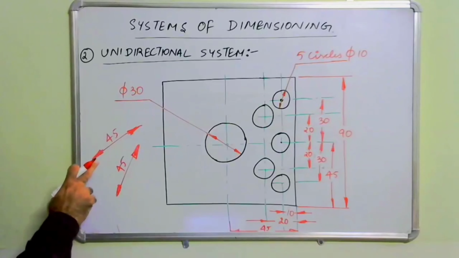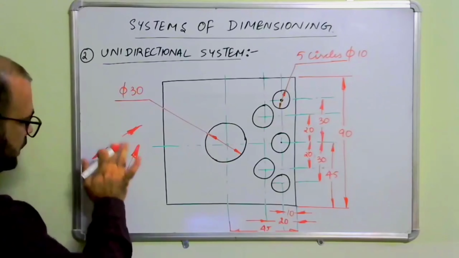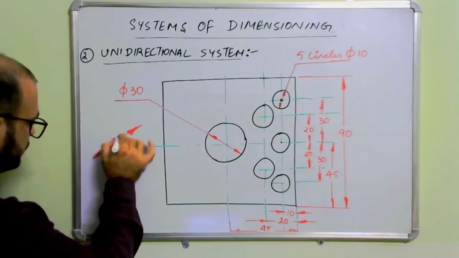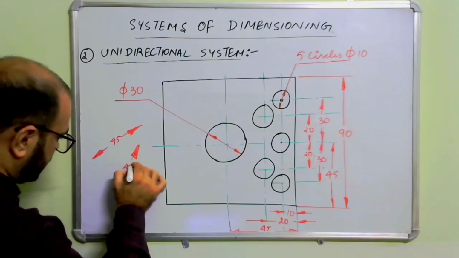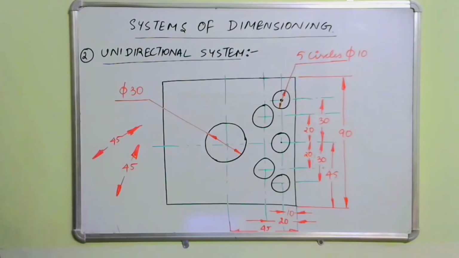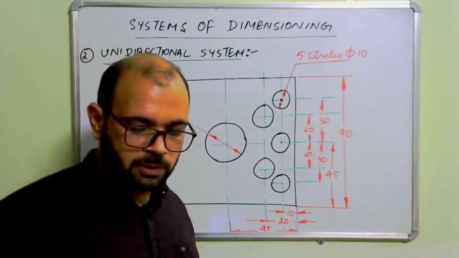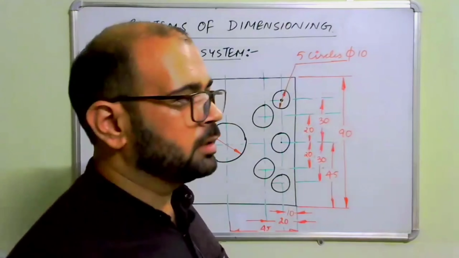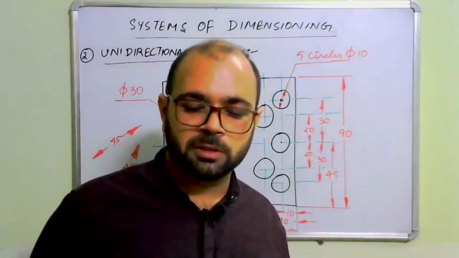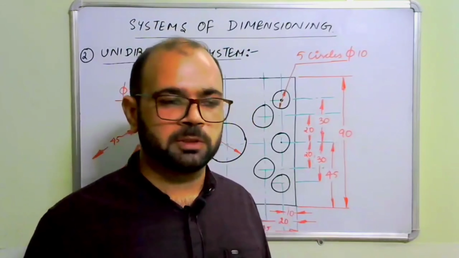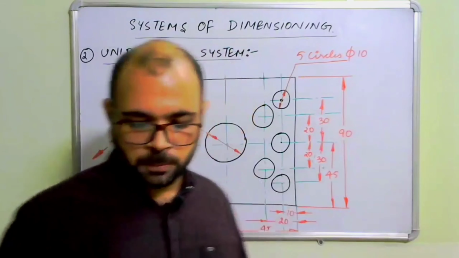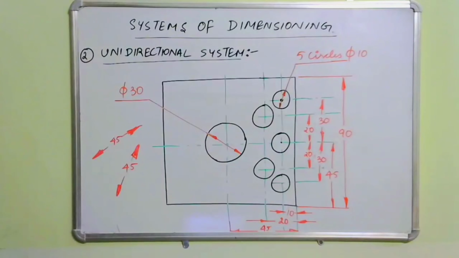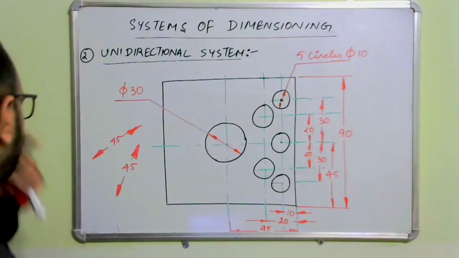So here, this will be written like this in a single direction. This also will be written like this. So this is the unidirectional system of dimensioning. Normally in a figure, either we follow the aligned system or the unidirectional system, so only a single system of dimensioning will be followed. This was all about the systems of dimensioning.